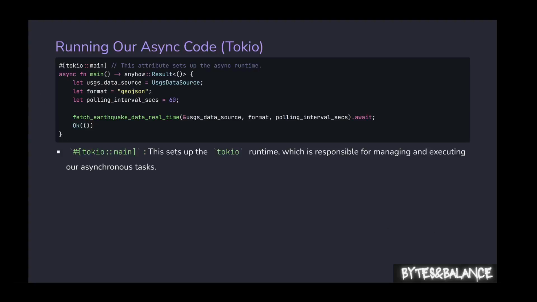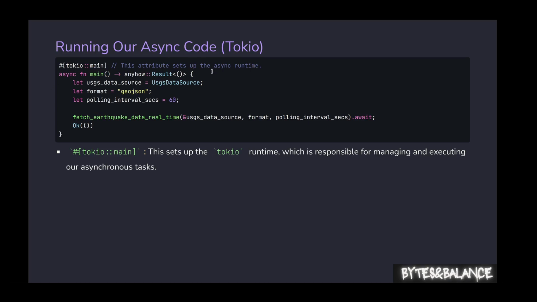Now there's only one little change left, and it is adding this Tokio main before the main function. This attribute signals to the Rust compiler that we want to use the Tokio runtime to manage our asynchronous tasks. Tokio is a very popular asynchronous runtime for Rust that provides the necessary tools and infrastructure to execute asynchronous code efficiently.